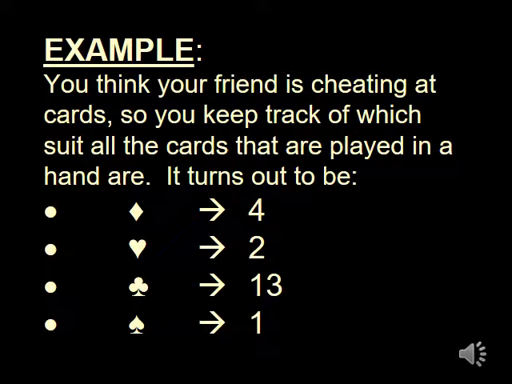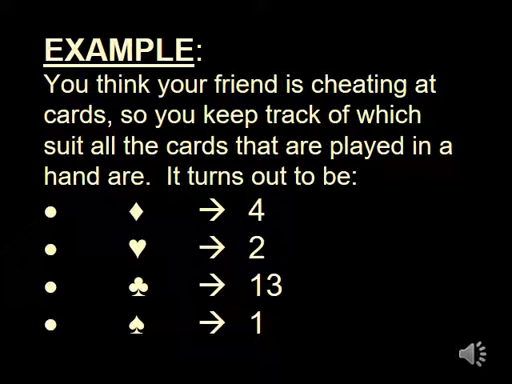We're going to look at a couple of examples, and I'll show you the things you do and don't have to do with these. So our first example, it says you think your friend is cheating at cards. So you keep track of which suit all the cards that are played in a hand are. And it turns out we got 4 diamonds, 2 hearts, 13 clubs, and 1 spade.